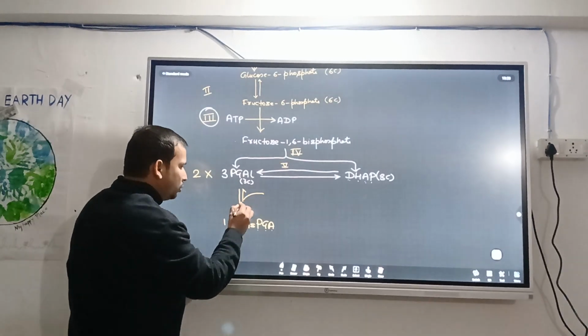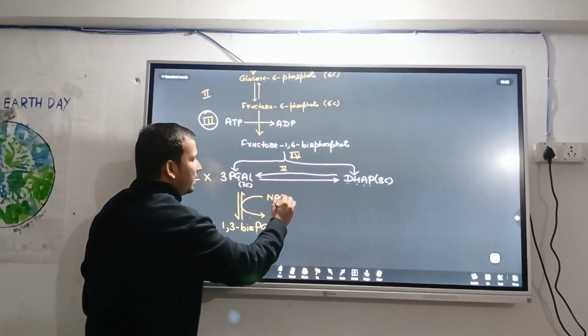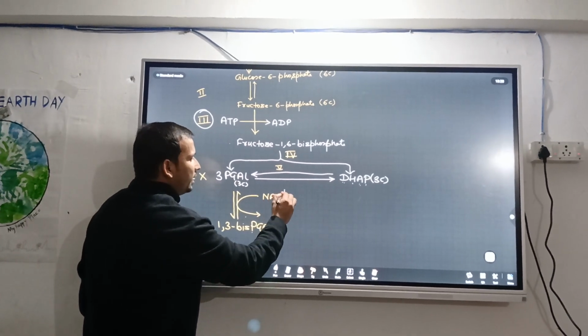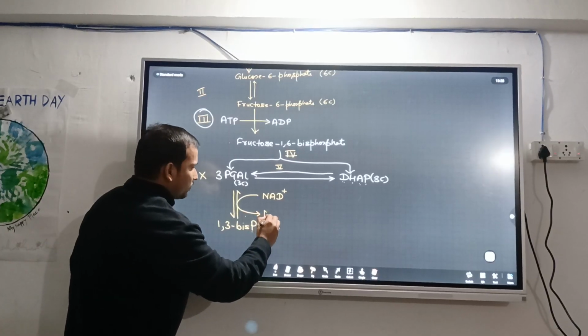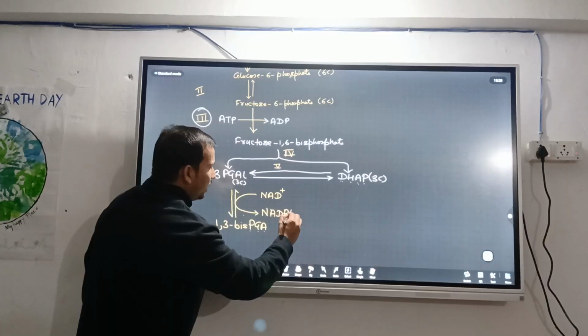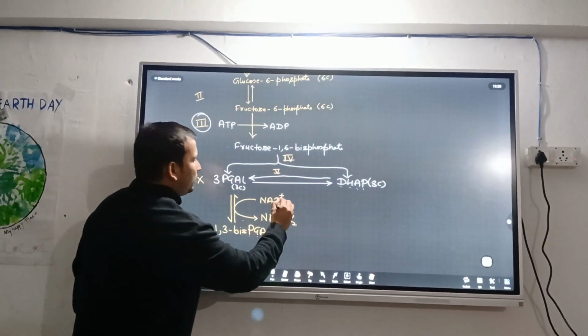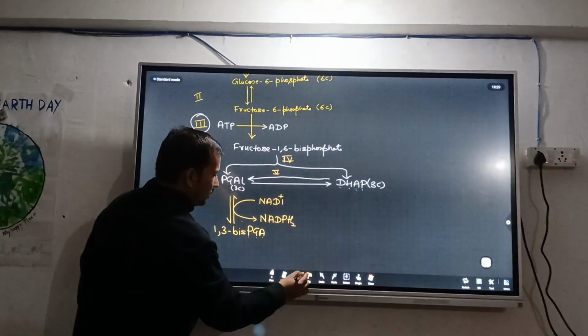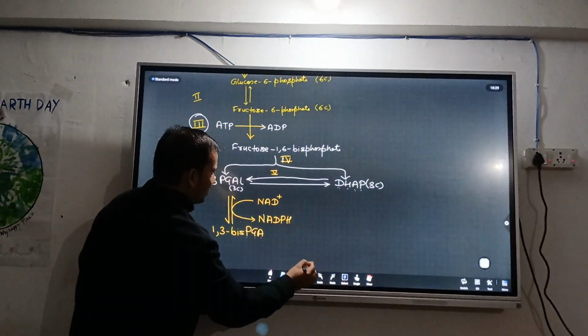Here only, students, you will see one compound, NAD+, which is converted into NADH2. Sorry, I said NADPH2 and NADP+ by mistake. It is NADH2.